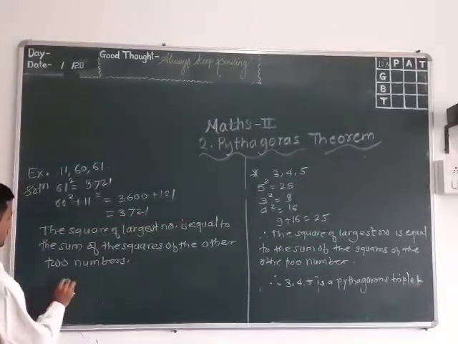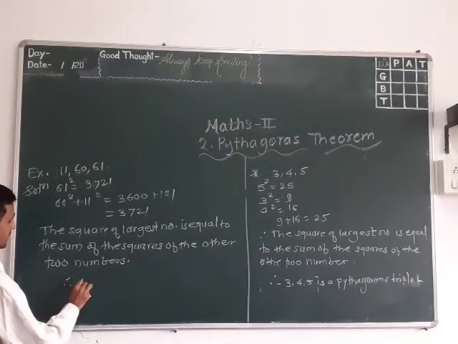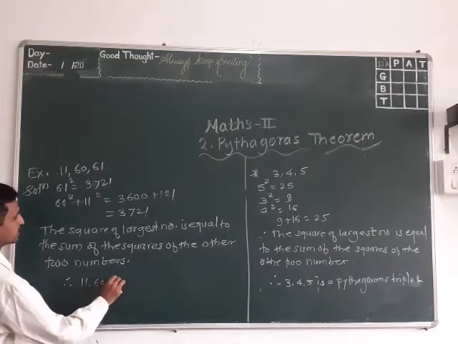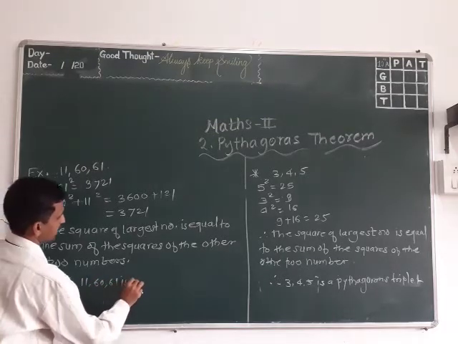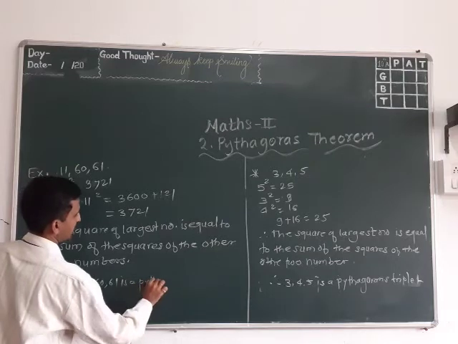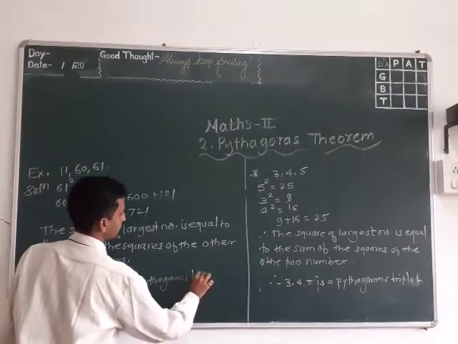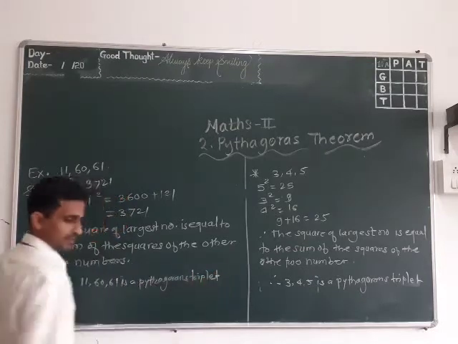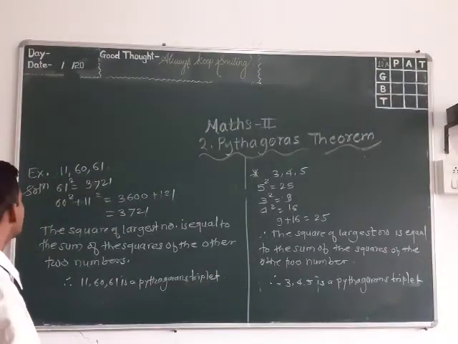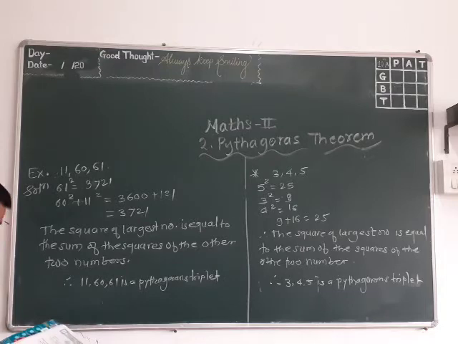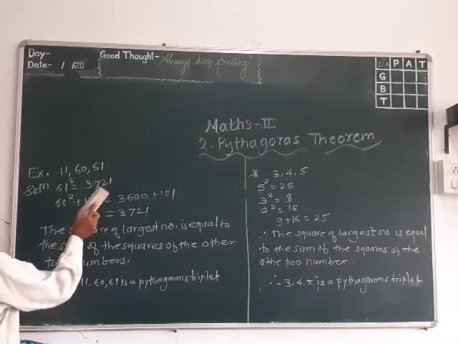Therefore, 11, 60, 61 is a Pythagoras triplet. These are the examples. Next example is on page number 30. Third example, 5, 12 and 13.